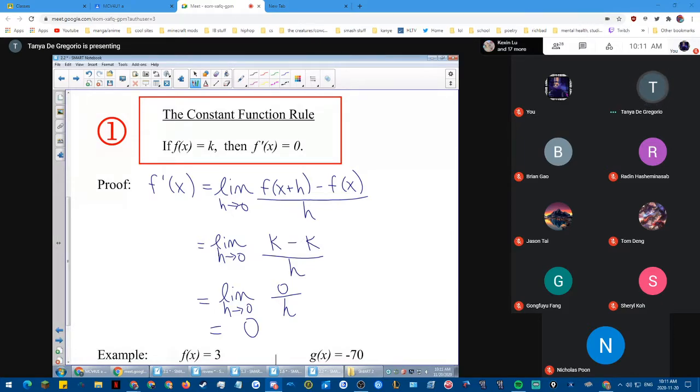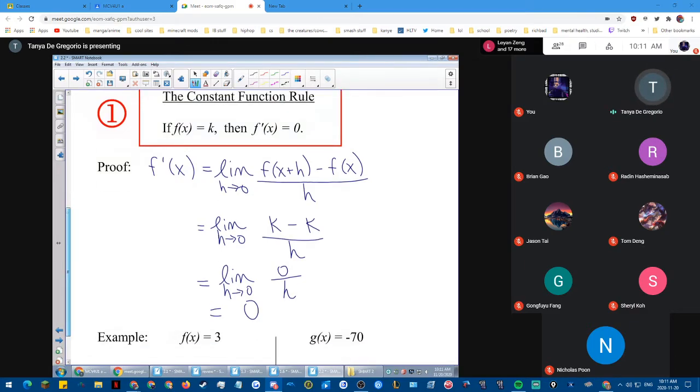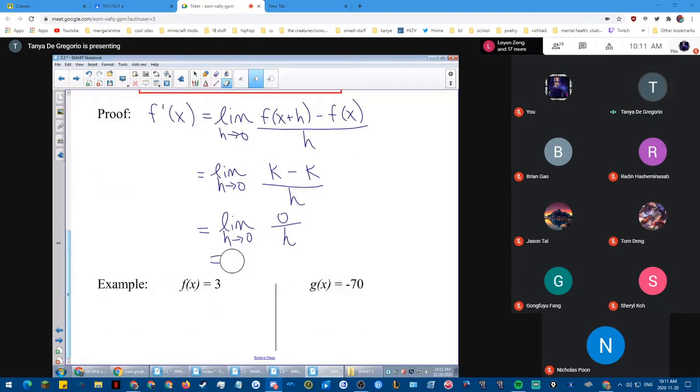You get it? So maybe let me add that in, just so you guys can see that. I'm going to add that little step in. So what's happening here is you're still taking the limit, but it's just 0. So the limit of 0 is just, it's a constant, it's a number, right? So when you're taking the limit of just a number, we learned that in the properties. It's just 0.